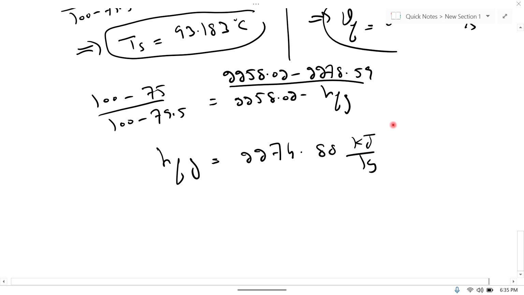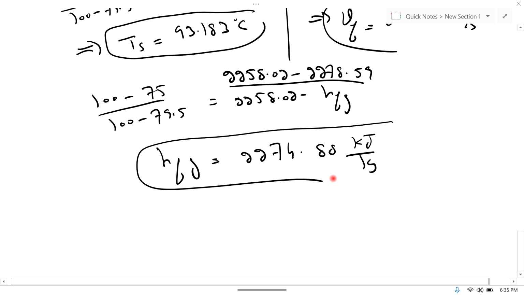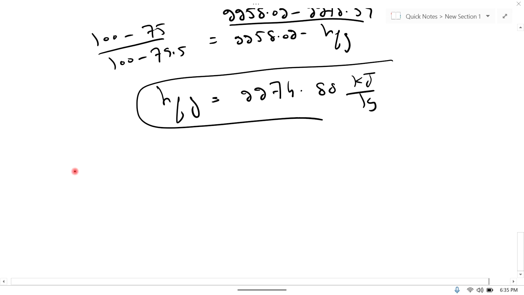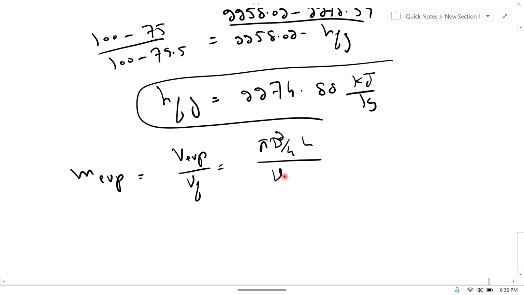Now the remaining problem is same as before. First I find mass of evaporation like problem 3.43, which is equal to volume of evaporation divided by Vf, specific volume, which is equal to pi d square divided by 4 times L divided by Vf.